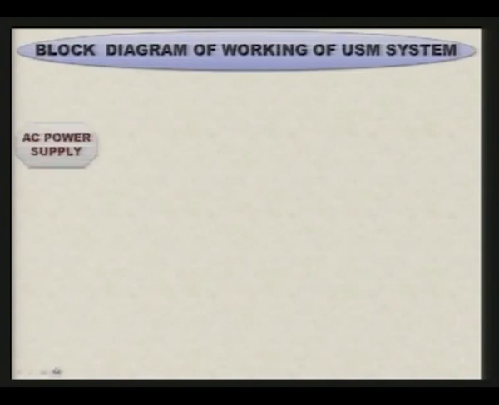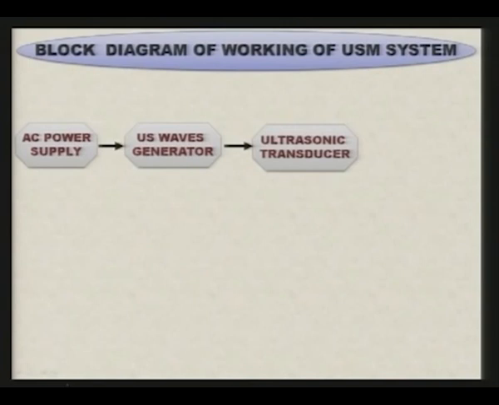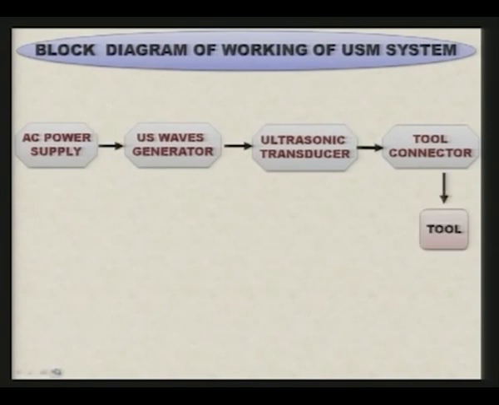Block diagram of the ultrasonic machining system. First we have the AC power supply, which is connected to the ultrasonic wave generator, and this generator is connected to the ultrasonic transducer, and this transducer is connected to the tool connector, and this tool connector holds the tool.